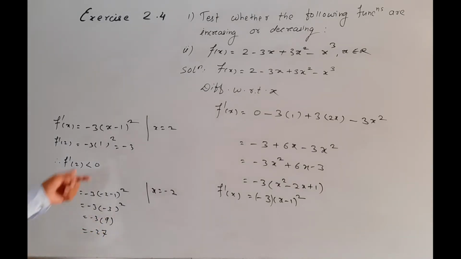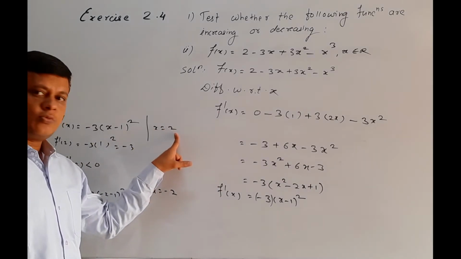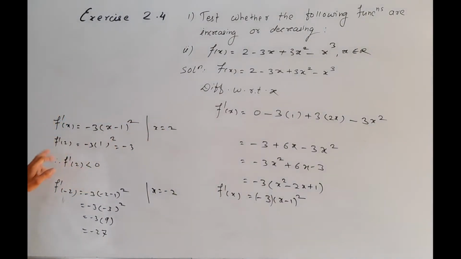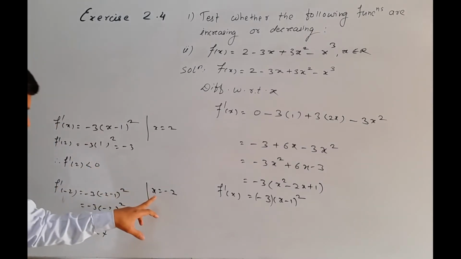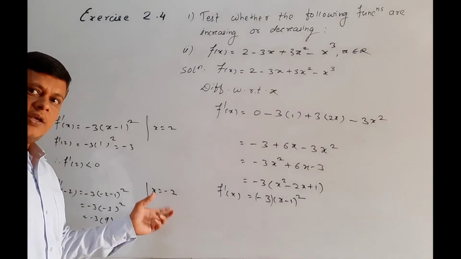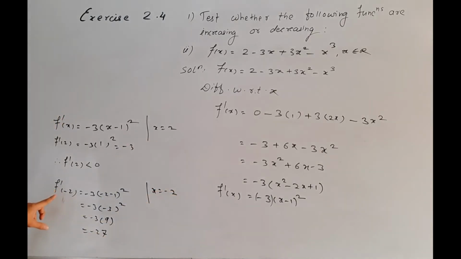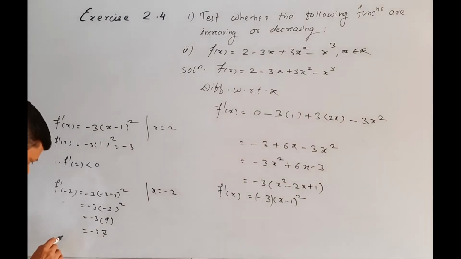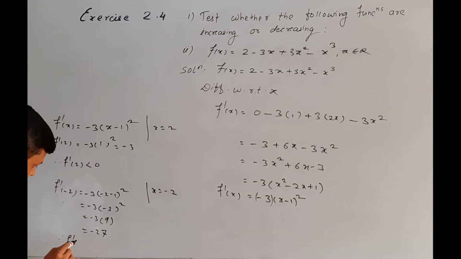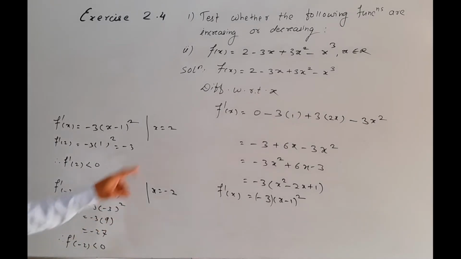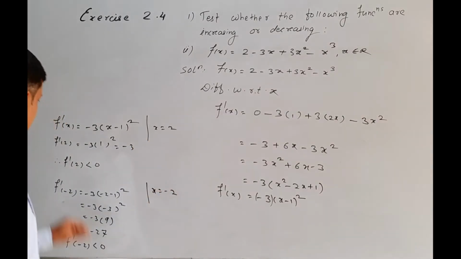That means when we take x equals a positive value, then we get f dash of x less than 0. When we take x equals minus 2, in that case also we get f dash of x less than 0. So we write here f dash of minus 2 less than 0. In all cases for positive and negative we get f dash of x less than 0.